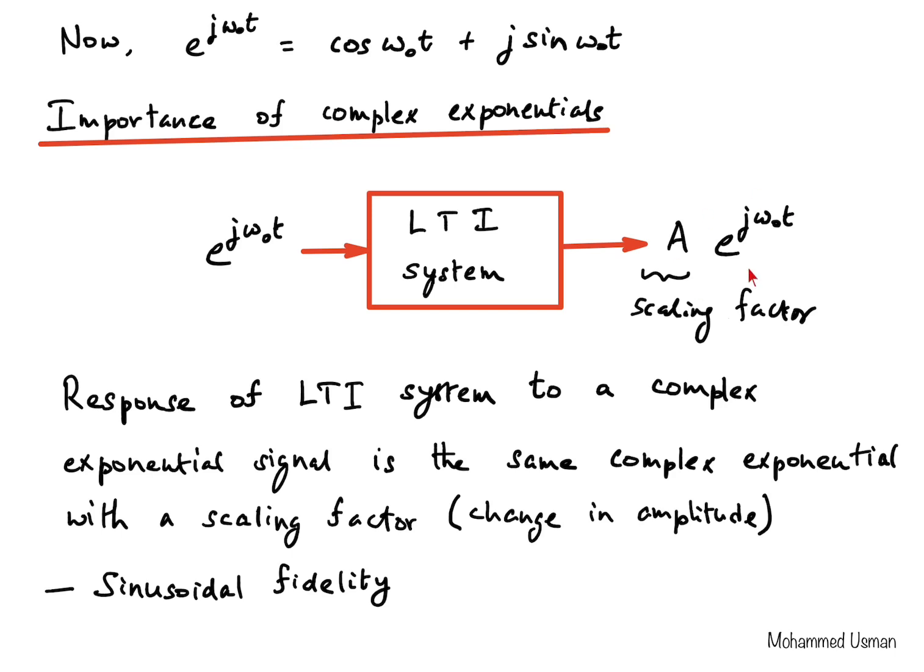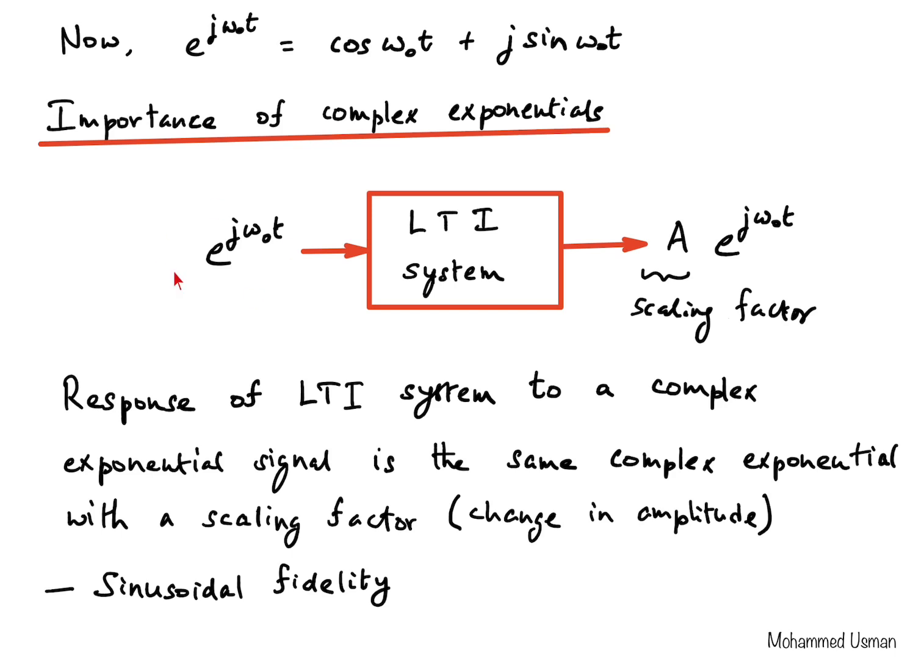And since the complex exponential has sinusoidal components in its real and imaginary parts, an LTI system exhibits a property called sinusoidal fidelity. That means whatever sinusoid we apply to an LTI system, the same sinusoid comes out with only a change in its amplitude and or phase, but the frequency of the output is the same as the frequency of the input sinusoidal signal.